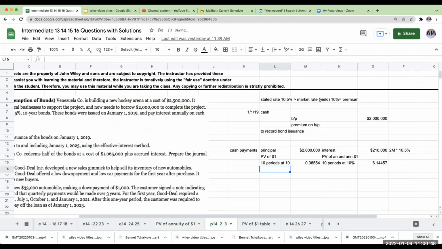So when I multiply this, the present value of the cash flows is going to be 2 million times 0.38554, the present value of the future cash outflows. And this is going to be 210 times 6.14457. So the present value of the principal, and the present value of the interest.